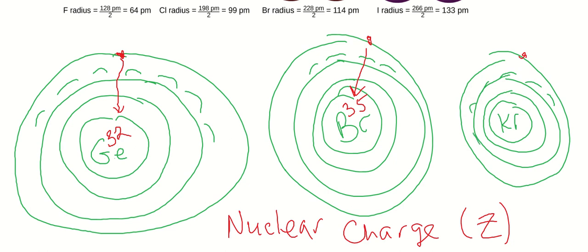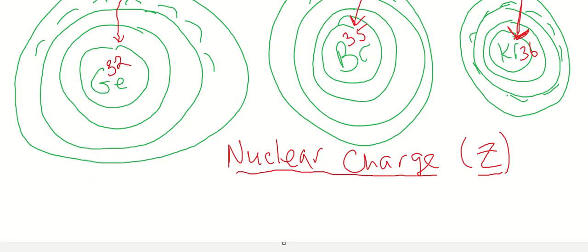The electrons on the outside of all three of these elements feel the same amount of shielding from the electrons underneath. But the electron on the outside of krypton feels a greater attraction toward the nucleus because krypton has 36 protons attracting it versus germanium's 32. So krypton is going to be the smallest of these three, and germanium the largest, because of the difference in nuclear charge. The shielding effect is the same for all of them.